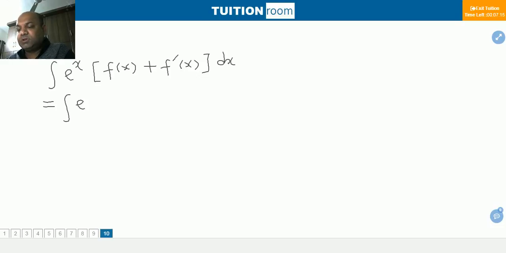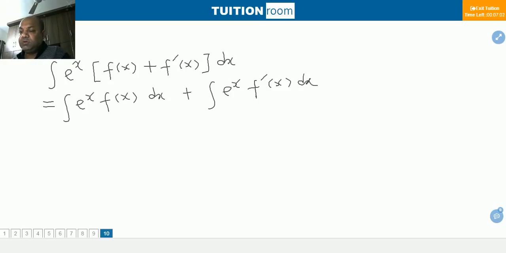Now this and this get cancelled because these two expressions are the same. So we'll get e raised to power x fx plus some constant. This is the proof of the formula. So please copy it. Then I will show you some other examples based on this.